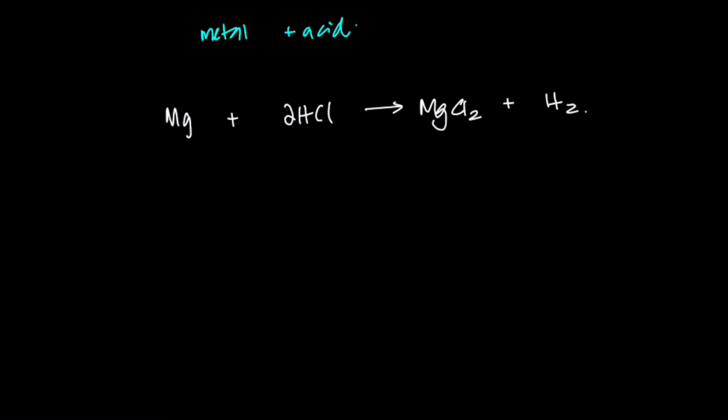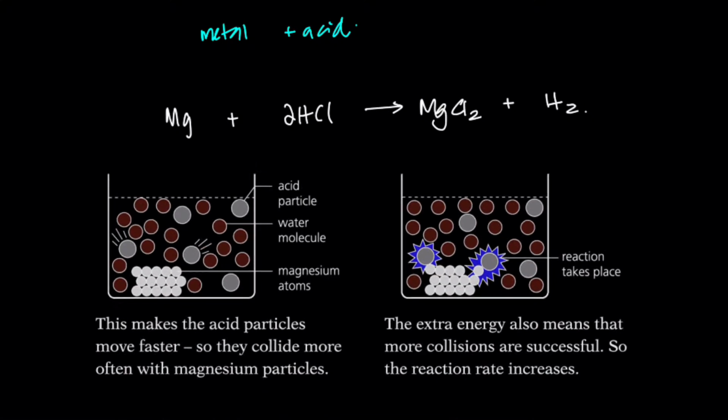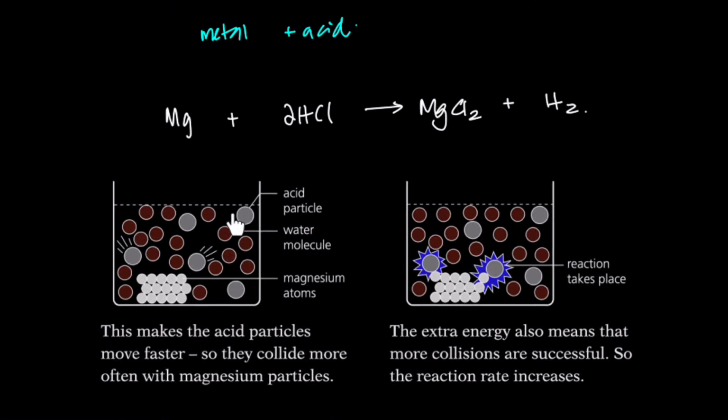Now what happens when this reaction starts? I'll show you a diagram with acid reacting. If you increase the temperature here, the particles will move faster, so they collide more often with magnesium.